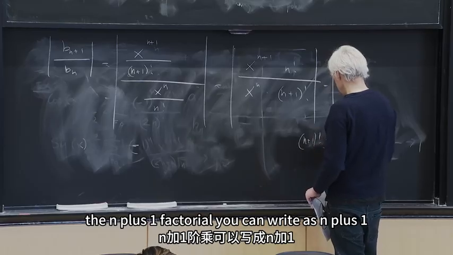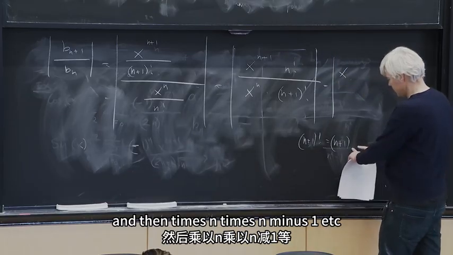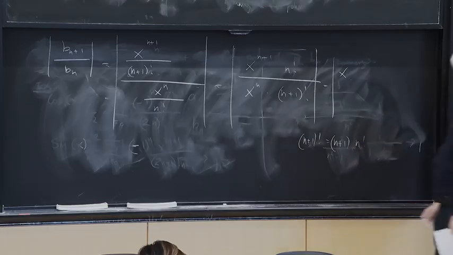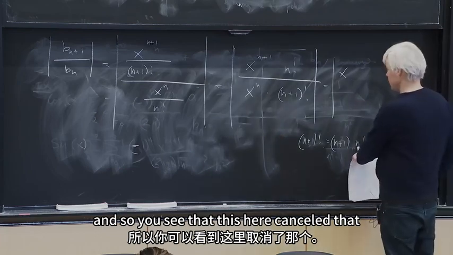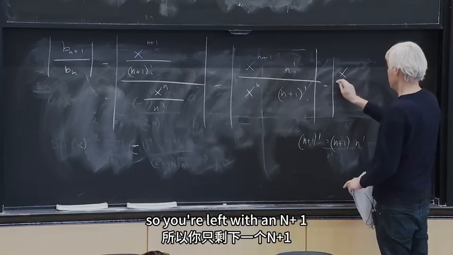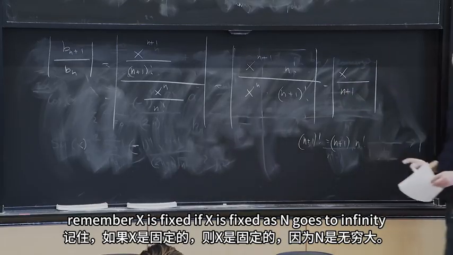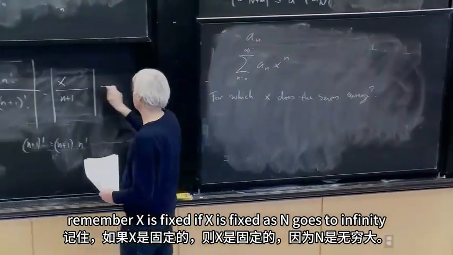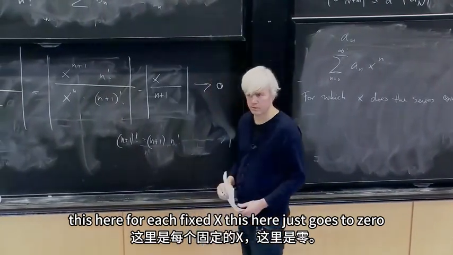You can write it as n plus 1 times n minus 1, etc., but that's just n factorial. So you see that this canceled that, and you're left with n plus 1. Remember, x is fixed. As n goes to infinity, for each fixed x, this just goes to 0.